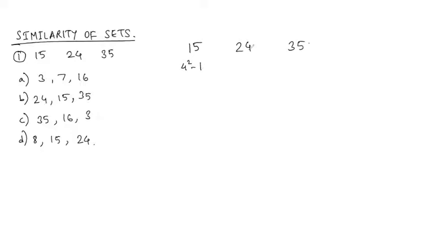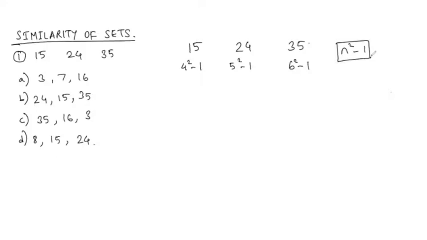What is 5 square? 25. So what is 24? 25 minus 1, that is 5 square minus 1. What is 6 square? 36. 36 minus 1 is 35. So what is the pattern, what is the rule followed here? Square minus 1. Yes, so n square minus 1 is the rule followed.